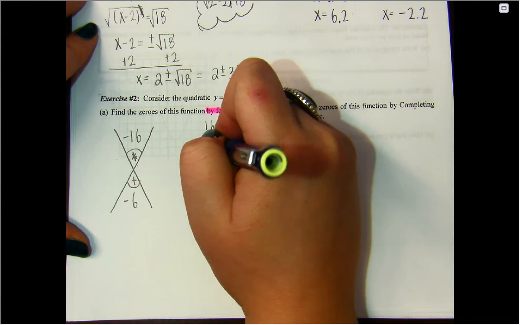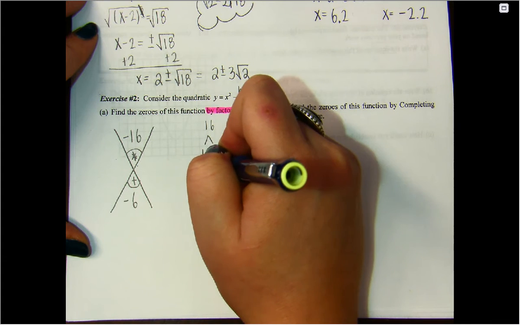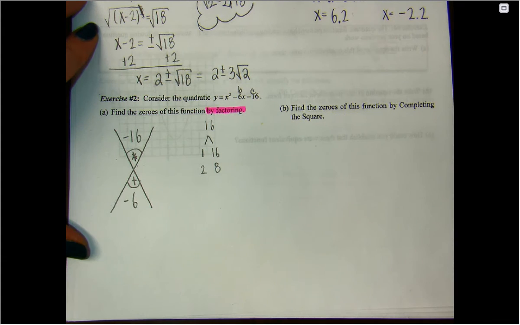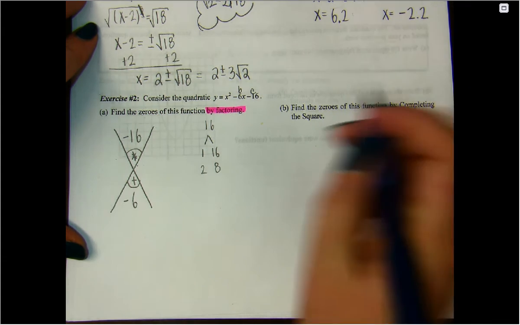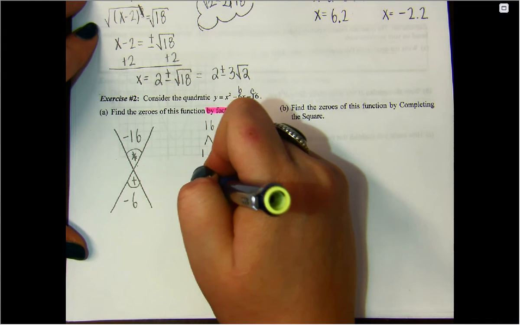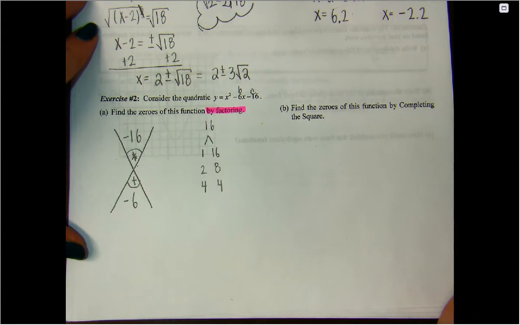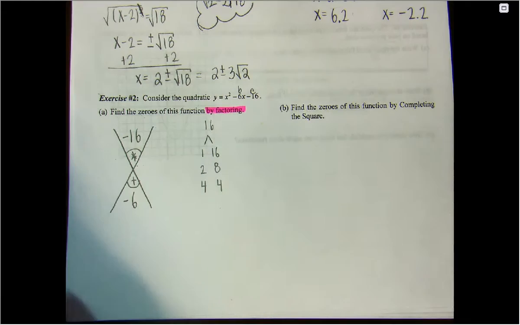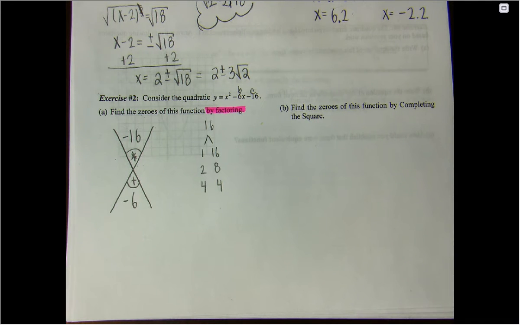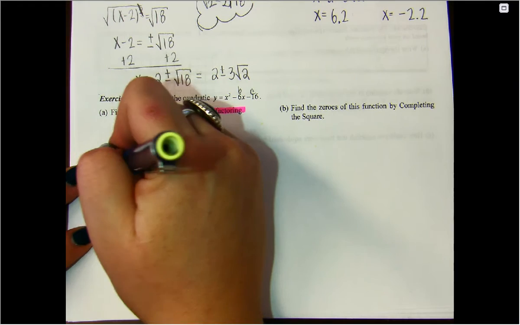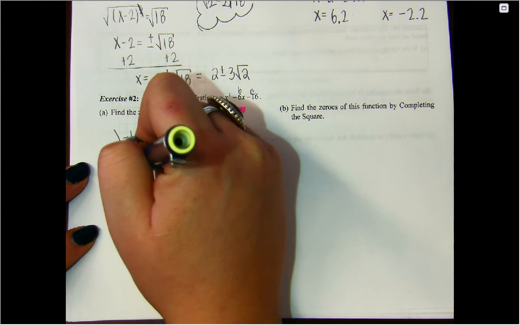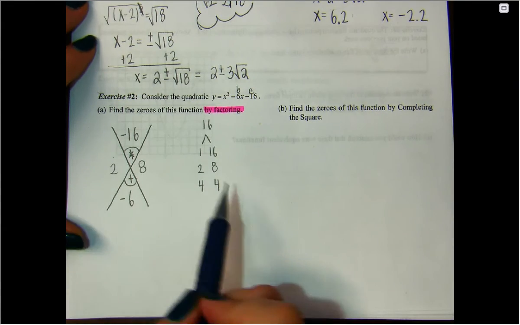1 and 16, 2 and 8, 4 and 4. Alrighty, well, do any of those make 6? What about 2 and 8? Let's try that.